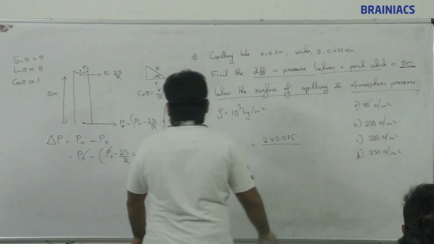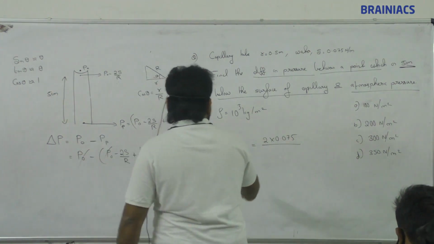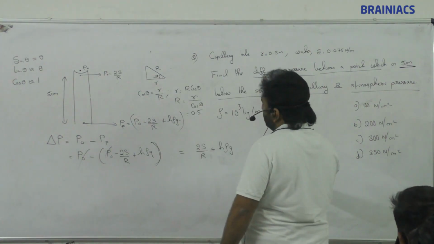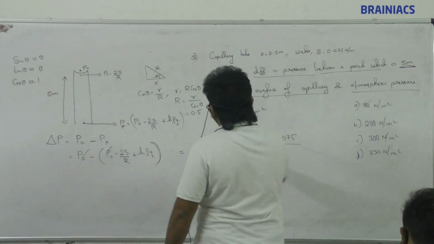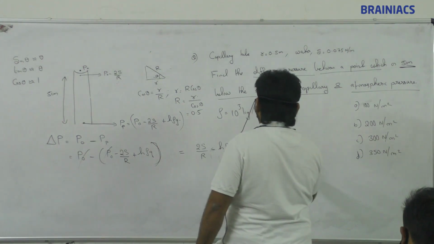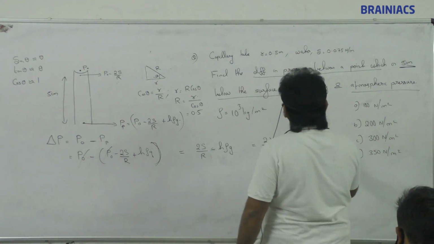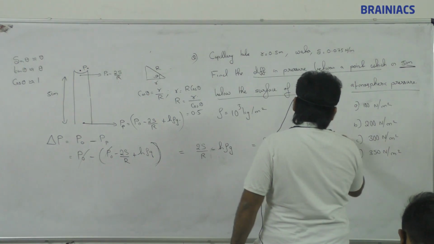So you can take cos theta as 1. So 2s divided by whatever we are getting. Small r you can put directly in this situation, 0.5, minus, what is the height? 5 into 10 raised to minus 2, into rho is 10 raised to 3, into g is 10.